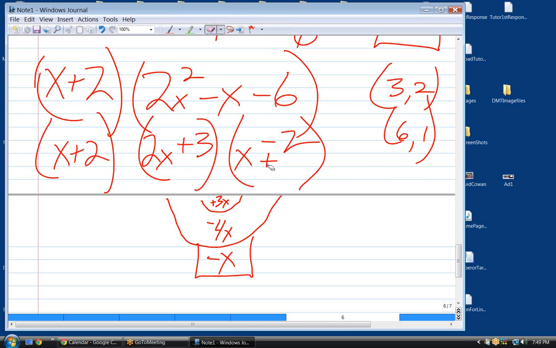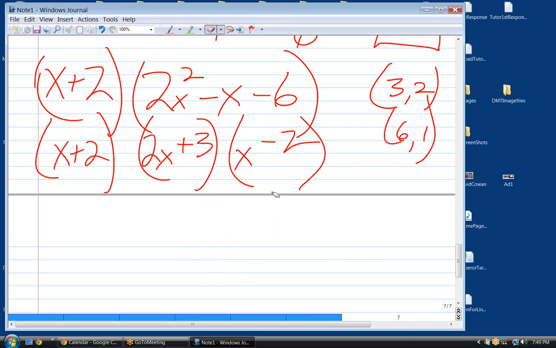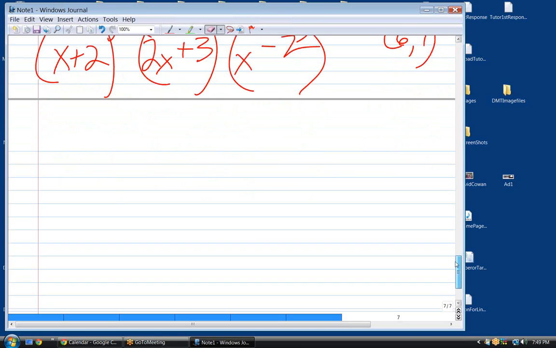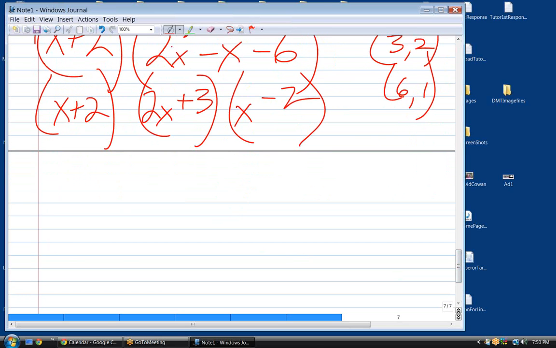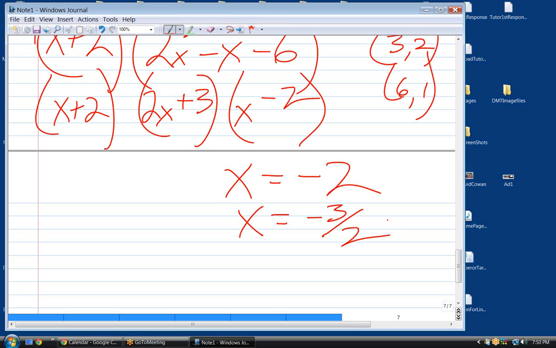So now I erase that minus sign and that plus sign. I've got all three factors now. I multiply all three of those together, I get the original cubic polynomial. So, what are my solutions? What are my three zeros? X equals -2, and negative 3 halves.